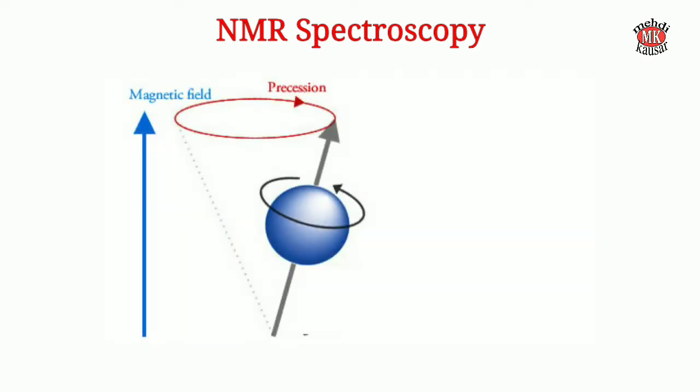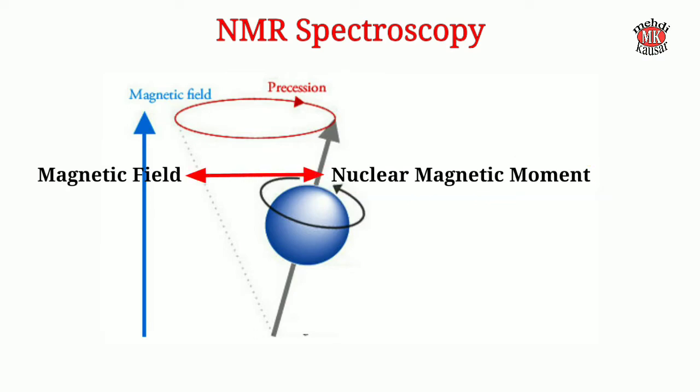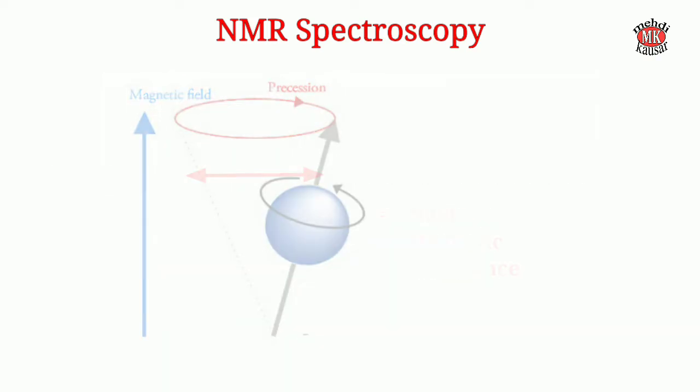Now, when such a nucleus is placed in an external magnetic field, a magnetic resonance arises due to the interaction of the external magnetic field with the magnetic moment of the intrinsic spin of the nucleus. When the different orientations of the nuclear spin magnetic moment interact with the applied magnetic field, that leads to nuclear magnetic resonance.